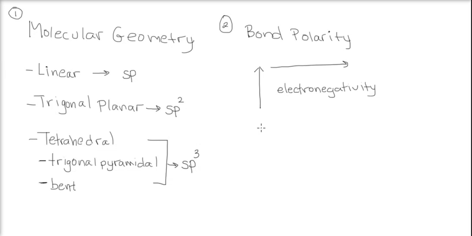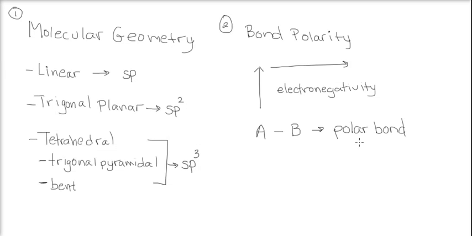Essentially, if you have 2 atoms, A and B, they are going to be in different positions on the periodic table, and therefore they should always have a difference in electronegativity. If there's a difference in electronegativity, then the bond between A and B must be a polar bond.